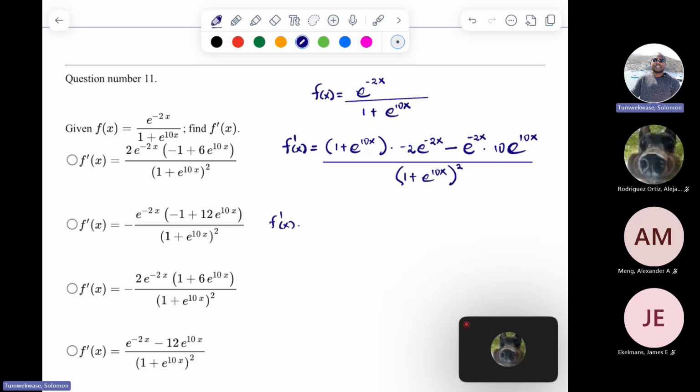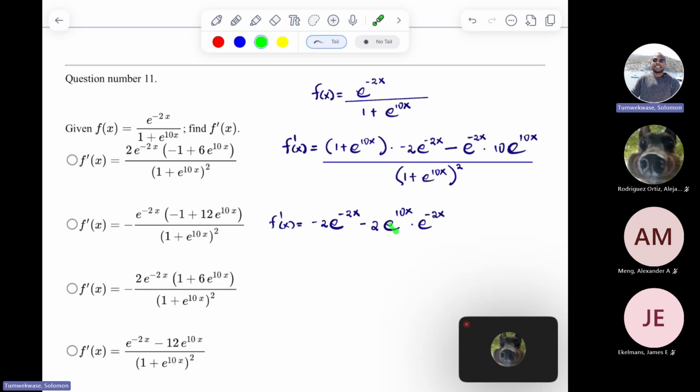so f prime of x, I can try to modify this so that it looks familiar to one of the guys we have. Maybe we can first open up the bracket. So this is minus 2 e to the negative 2x, right? This is this times 1, then minus 2 e to the 10x times e to the negative 2x.